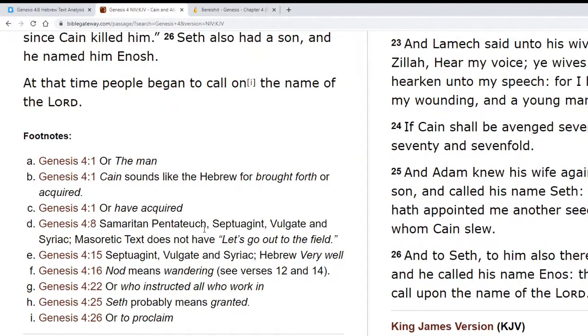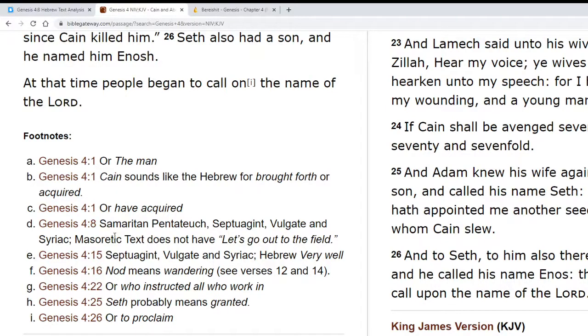They have, okay, so they're telling us that this verse 8, Samaritan Pentateuch, Septuagint, Vulgate, and Syriac, the Masoretic text does not have "let's go out to the field."